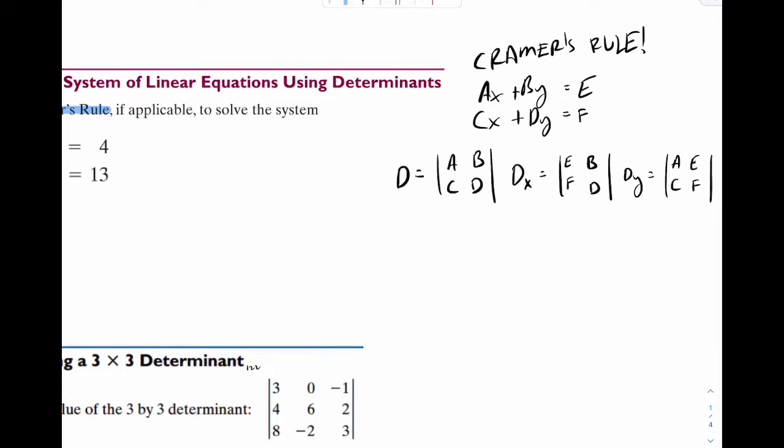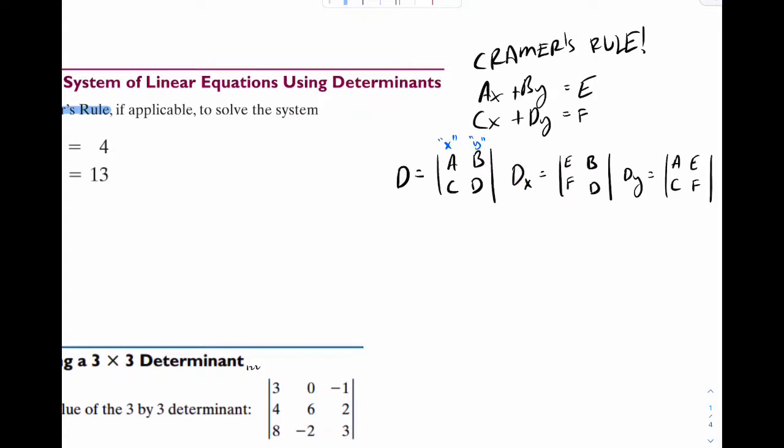Now it looks pretty random. Now it's important to understand what's happening here. If you look at this A, B, C, D, this is like your X column, this is your Y column. So that'll help us understand what's happening. So our D matrix is pretty straightforward. It's simply the X column and Y column, copy and paste. Now the D sub X one, look at this.